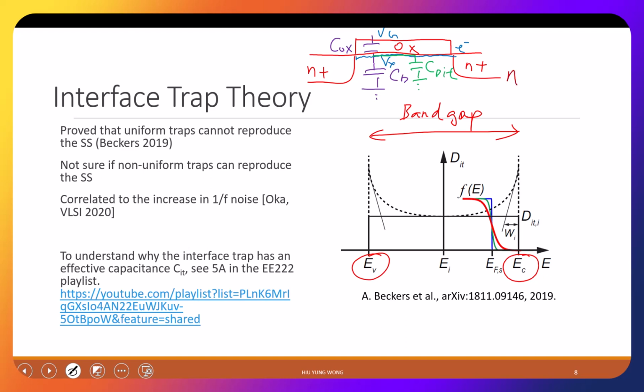N will become 1 plus C_D plus C_DIT, sorry, I don't want to call it DIT, just call it IT, divided by C_D plus C_IT plus C_OX. Now, if you compare this to the previous equation, the only difference is that we have C_IT.